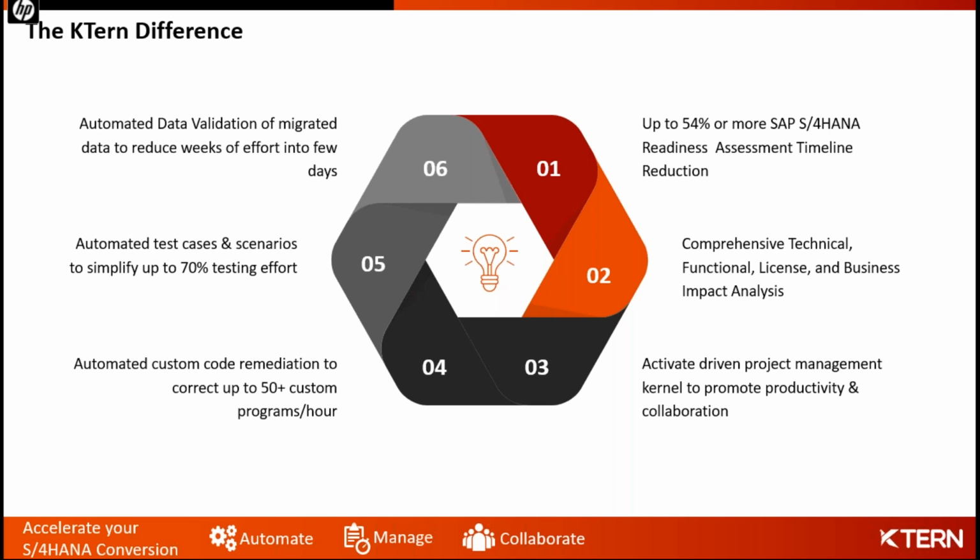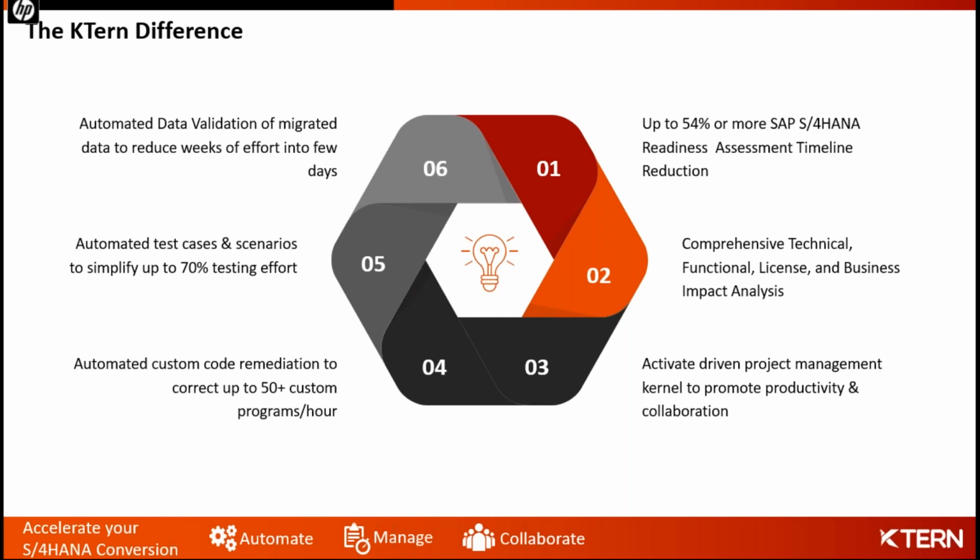And the custom code remediation, the ability to correct up to 50+ custom programs per hour, would definitely speed up your custom program remediation process, and the automated test case generation and also the testing. Some of these test cases are also automatically tested and the results available on KTern. And the data validation, which is generally done post-migration between the ECC and the S4 system.